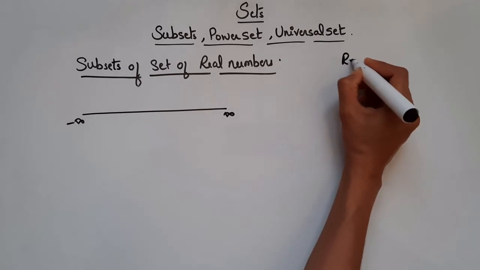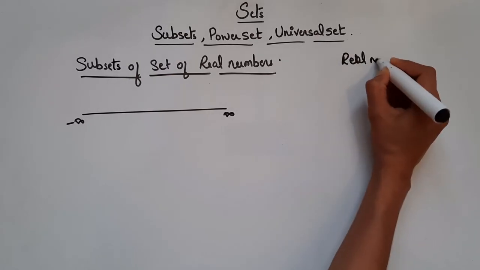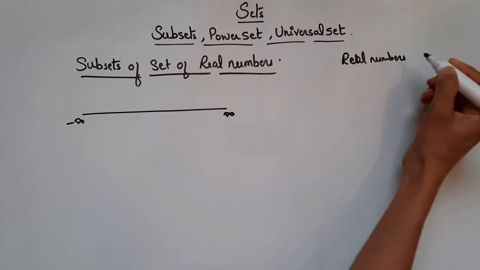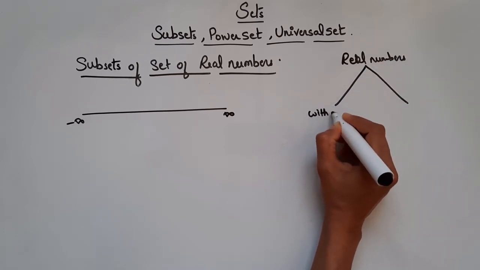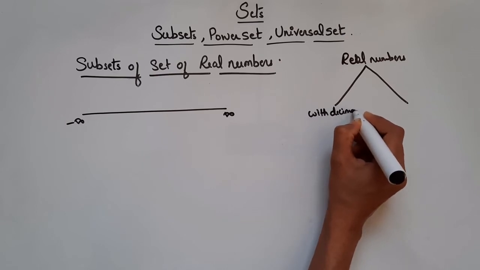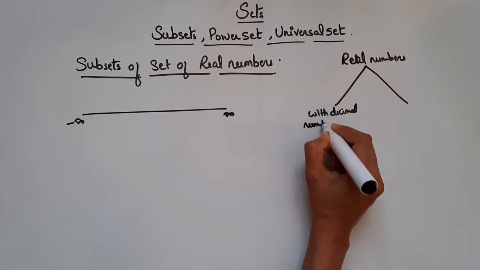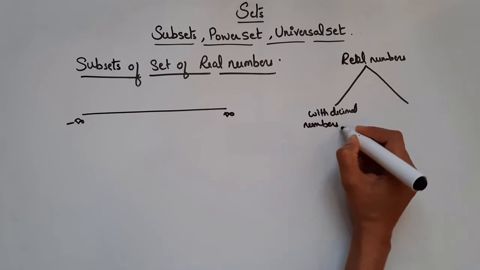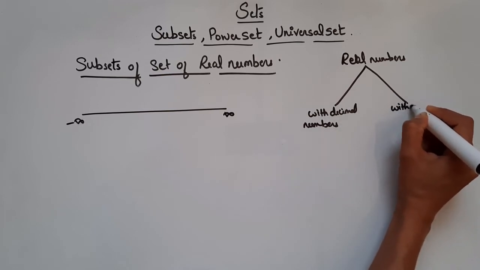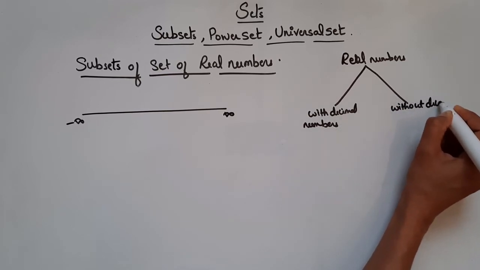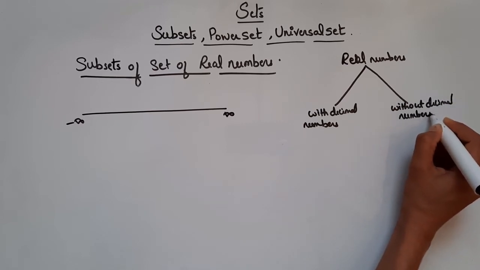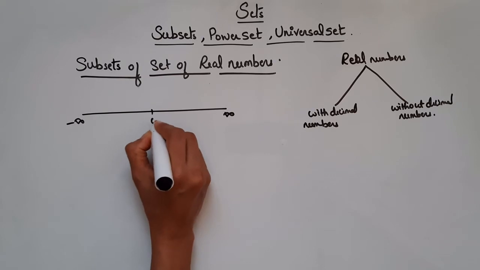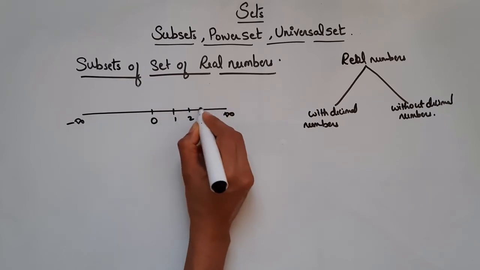So these real numbers include with decimal numbers and without decimal numbers. In this number line we have 0, 1, 2 and so on.